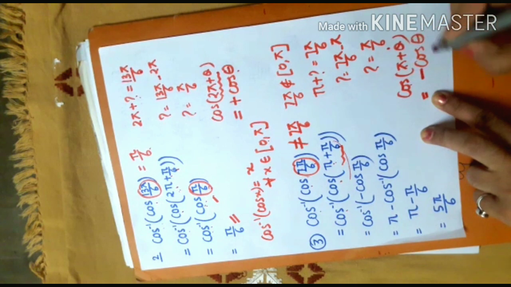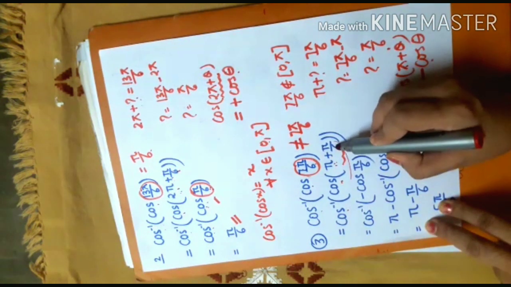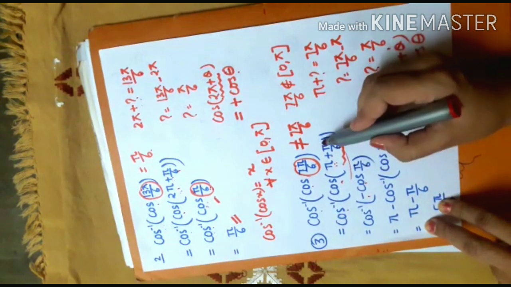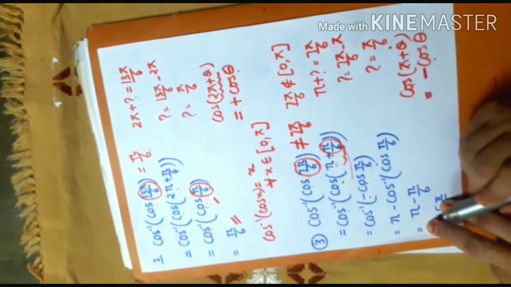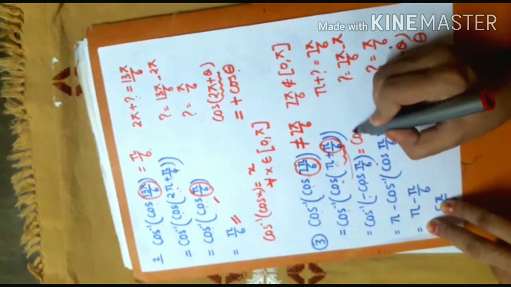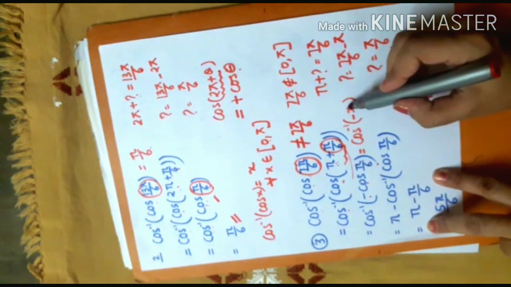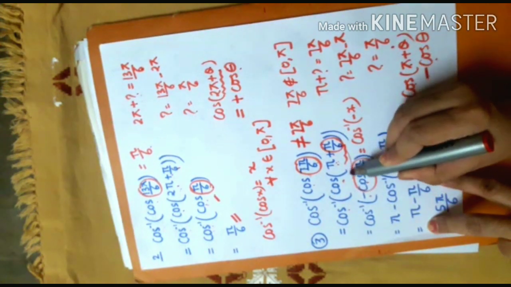So it will be minus cos theta. So cos of pi plus pi by 6 will be equal to minus cos pi by 6. The role of theta is being played by pi by 6. Now look here. This is of the form cos inverse of minus x, and the role of x is being played by this cos pi by 6.